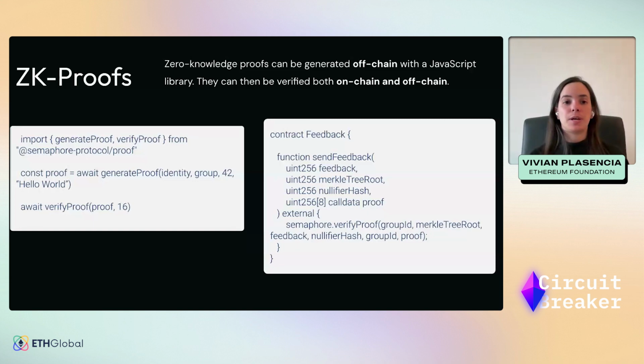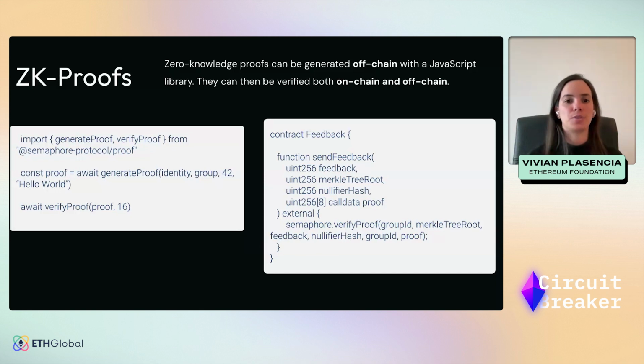Zero knowledge proofs can be generated off-chain with the JavaScript library, but they can be verified both off-chain and on-chain. The proof generation is always off-chain because this process uses the private values of the identity.